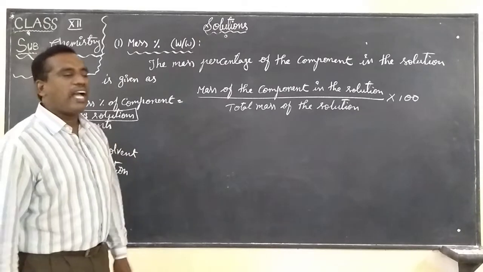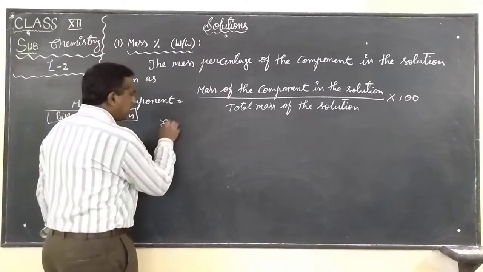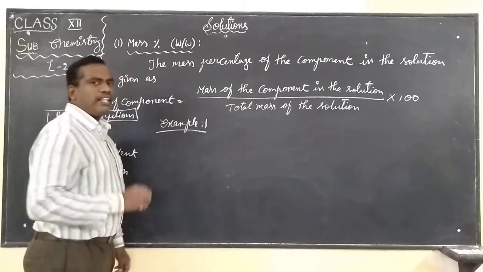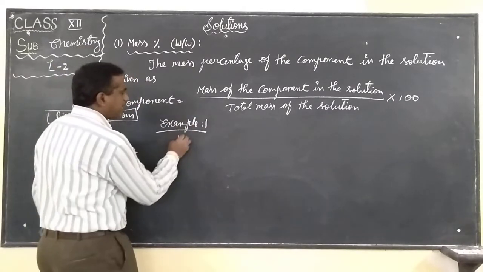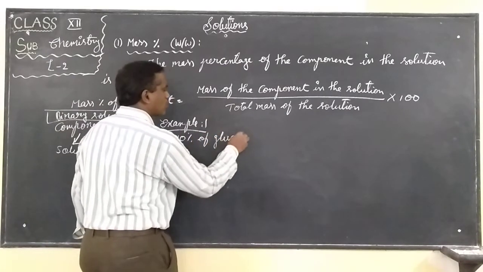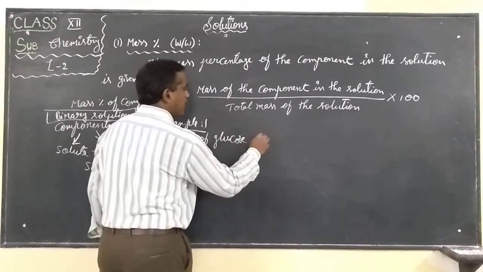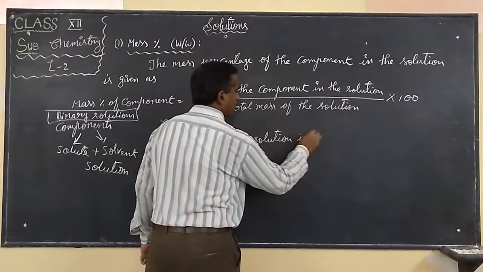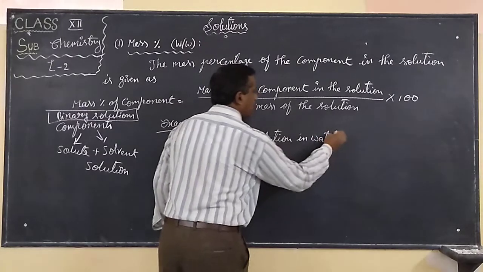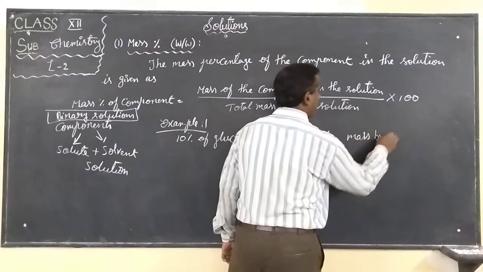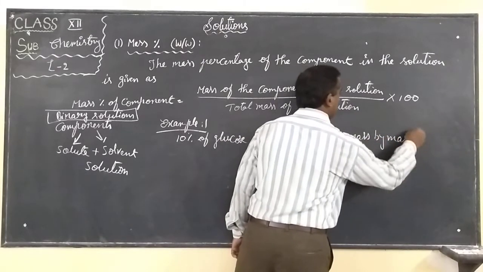Now let us take one example. The example we are using is a 10% glucose solution in water, with mass by mass percentage.